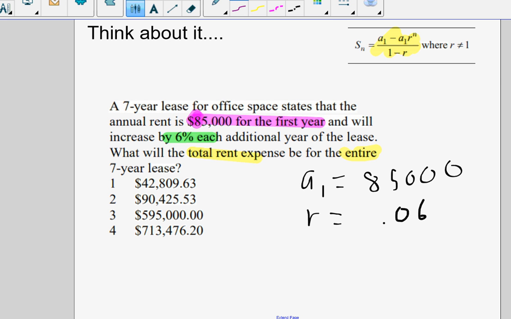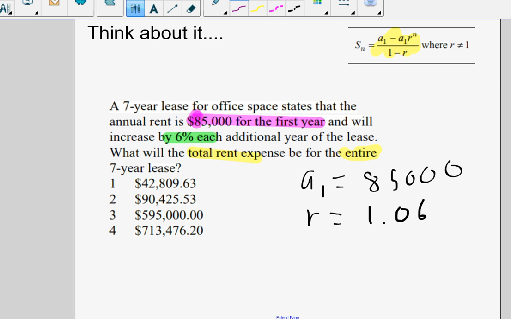Because that's not really my common ratio, because if I take 85,000 and I multiply it by 0.06, I get 5,160. Your rent for year 2 is not going to be 5,160. It's going to go up by 5,160.